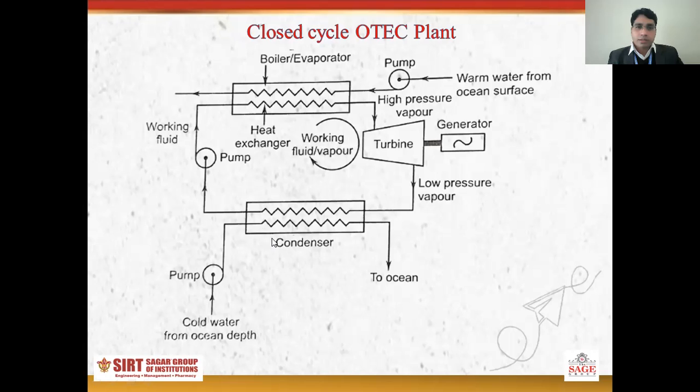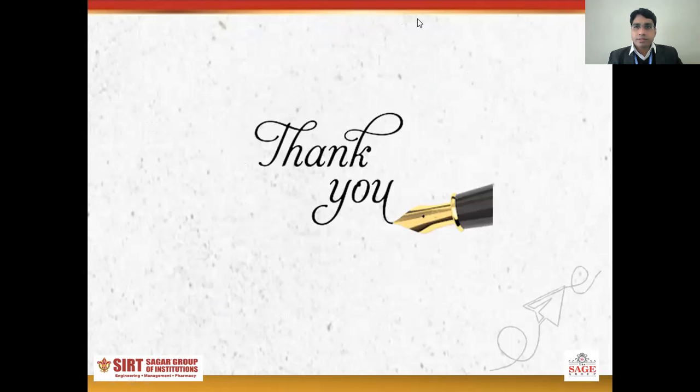The cold water from the ocean depth comes to the condenser for condensing the vapor, and that water is returned back to the ocean. So this is the closed cycle ocean thermal energy conversion plant. So thank you very much.